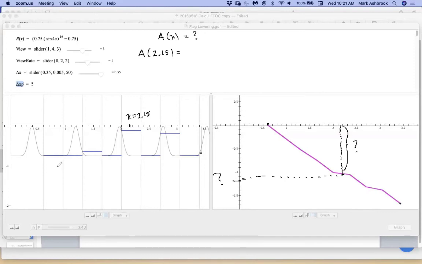And how do we get the change in each interval? dy is? Rate of change times dx. m dx. So I'm accumulating all the change to this point, which is going to be the accumulated change in that interval, plus this, plus this, plus this, and then we have something different going on here.